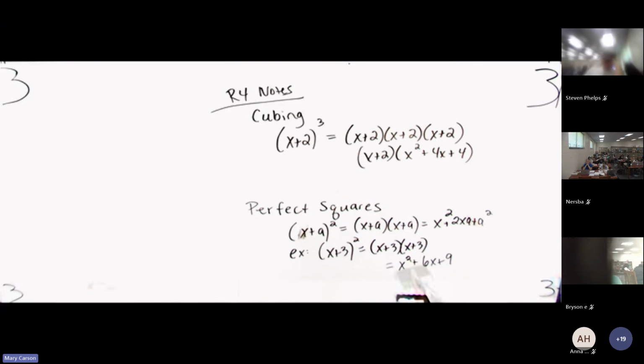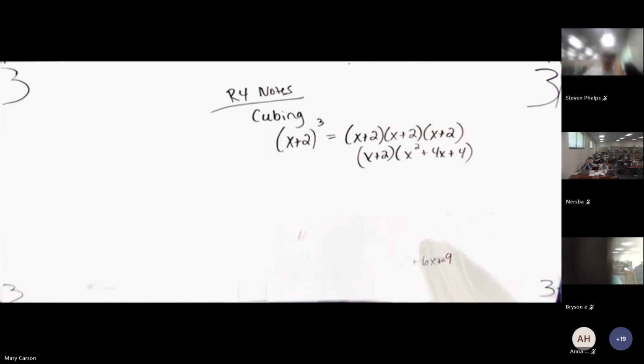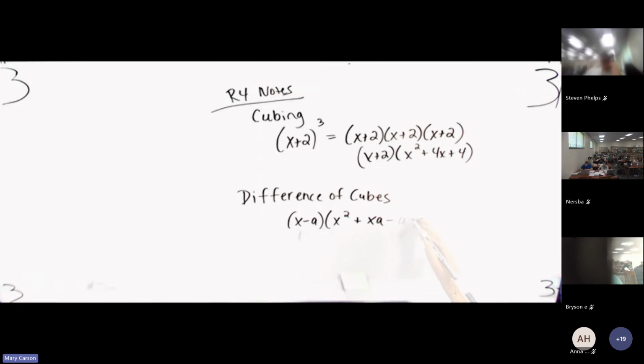And then you have difference of cubes, which means it's going to have a minus in it. All right, difference of cubes. This is the pattern.